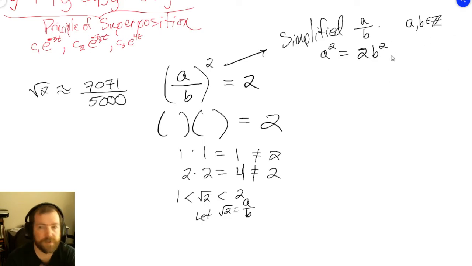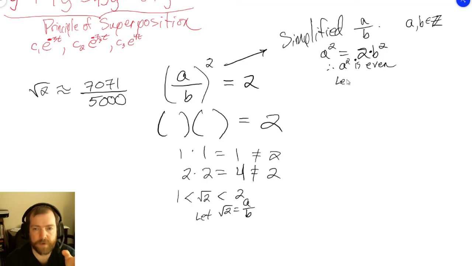If they're integers, they're closed under squaring. So this is also an integer, and this is an integer times 2 equals a squared.